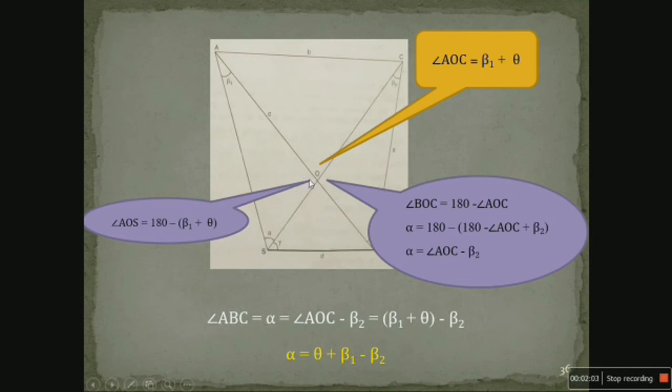It is angle AOS, which is equal to 180 minus beta 1 plus theta. So whatever the angle of this one is, it is equal to beta 1 plus theta. So I have directly written it here. So in the first case, the alpha value is equal to theta plus beta 1 minus beta 2.